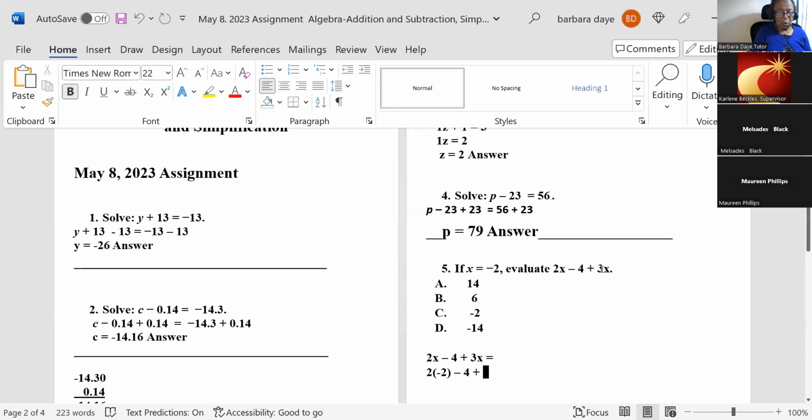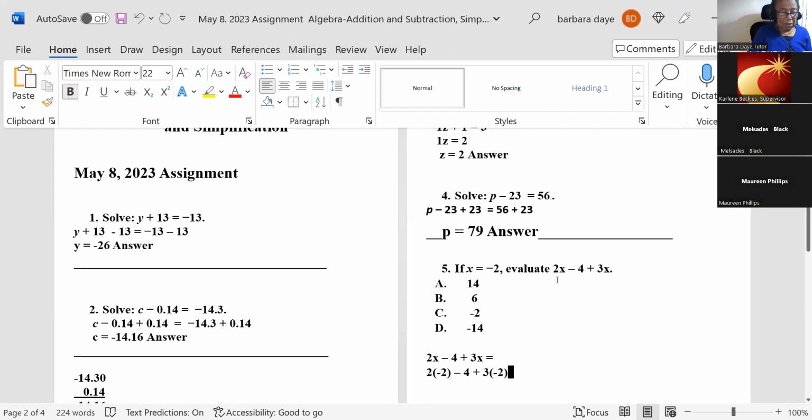No, Maureen, you see this 3x? You are writing 3 times the value of x, which is minus 2. So what would that be? 3 times what? 3 times 2. No, minus 2. 3 times minus 2 is a minus.